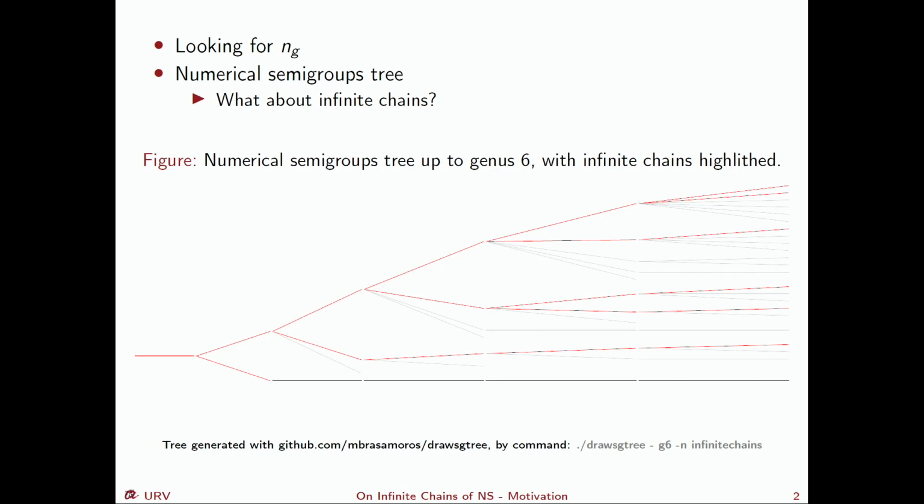One of the tools to attack that problem is to organize all numerical semigroups in a tree, in which every level g of that tree has all numerical semigroups with genus g.